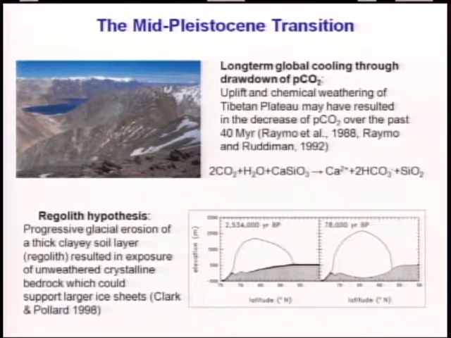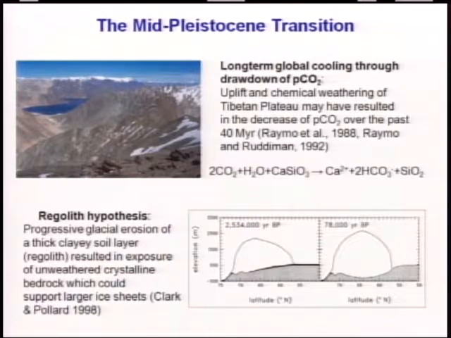One of those hypotheses is that due to the uplift of the Tibetan Plateau, there was a long-term drawdown of carbon dioxide as a function of weathering. So when silicate rocks weather, they use up carbon dioxide and produce a lot of alkalinity, and therefore there's a drawdown of carbon dioxide in the atmosphere. And so eventually it would have become cool enough to explain the larger ice extent in the Pleistocene.